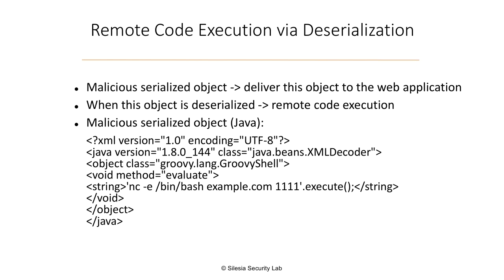And the consequence is that the malicious serialized objects are different in Java, Python, PHP, and so on and so forth. There is no single malicious serialized object that can be used in all technologies. No, it doesn't work this way. It is technology specific. Okay, so now you understand this as well.